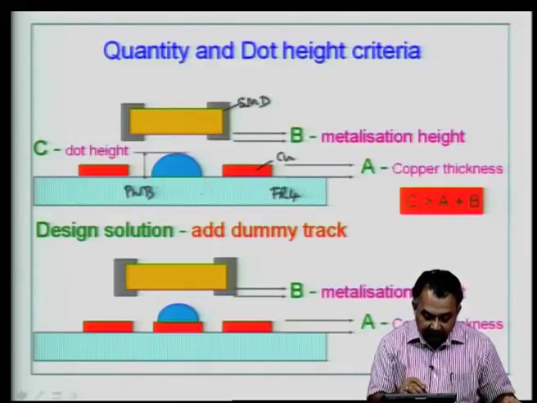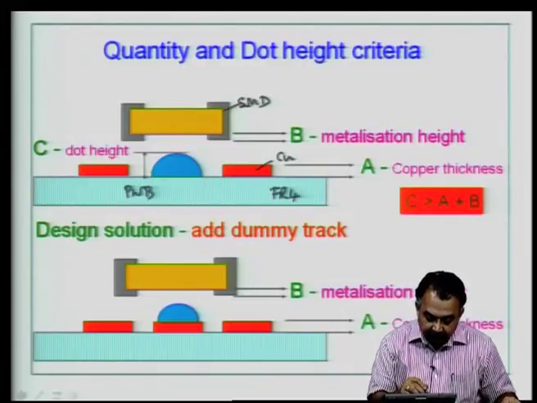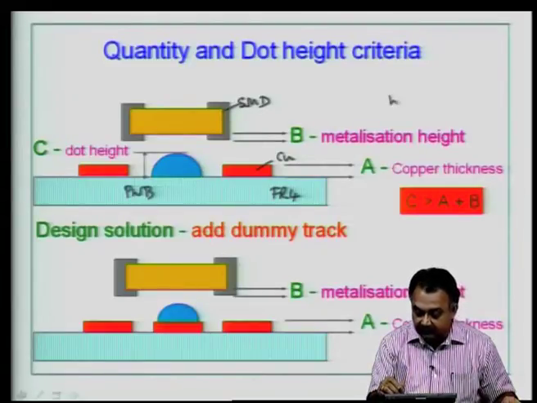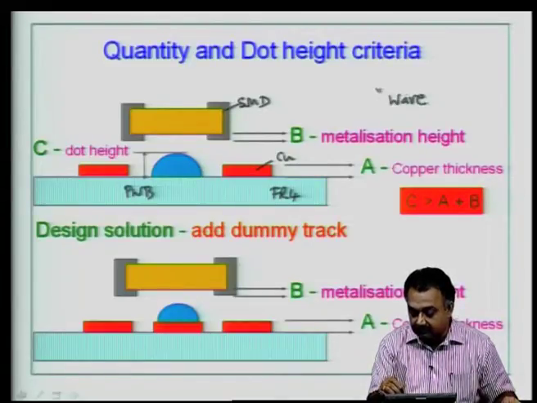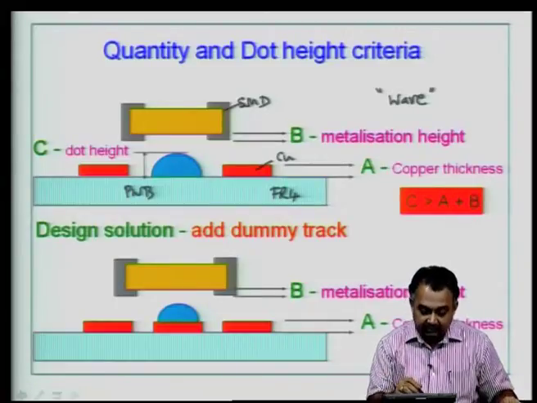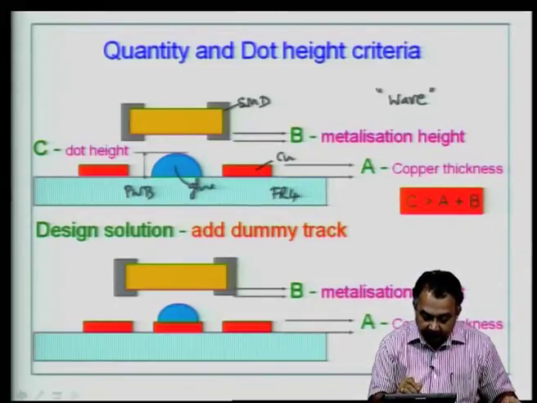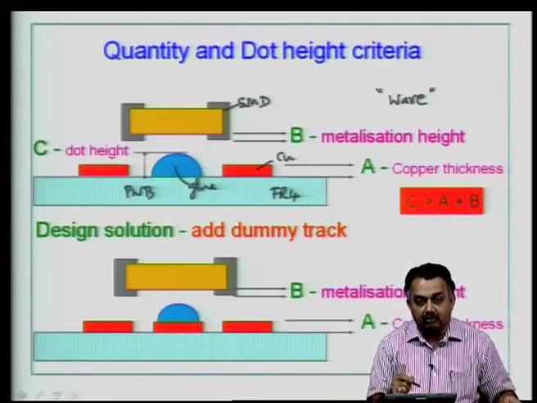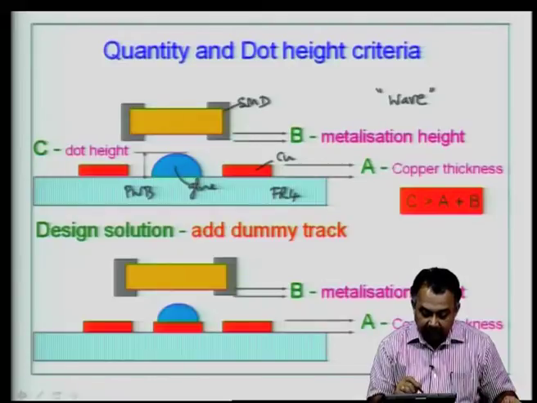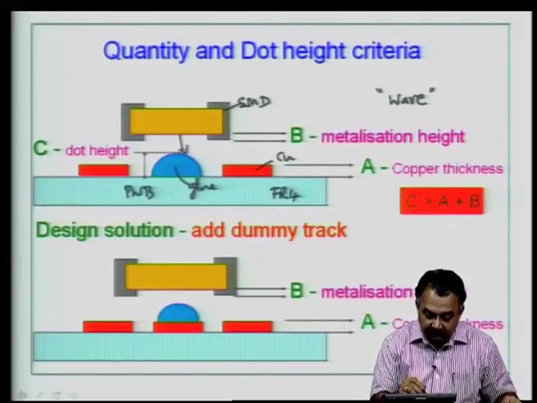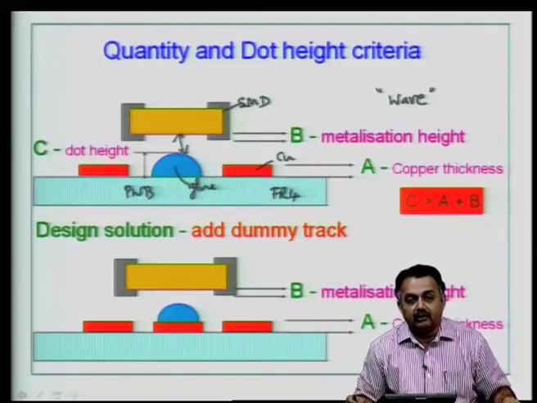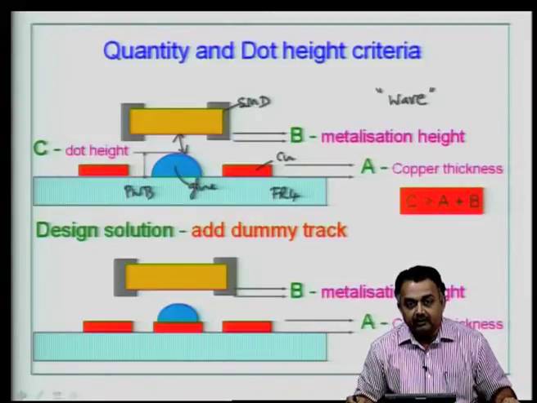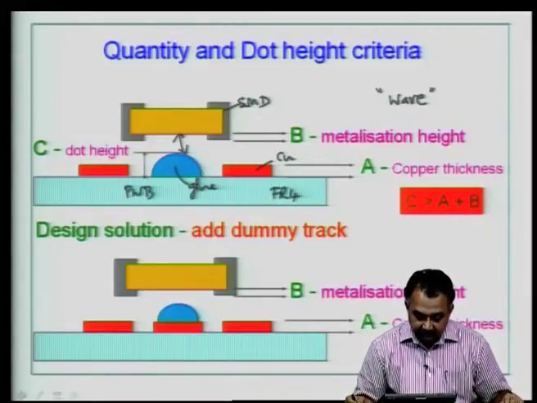Now, you have put some glue here. Okay. This is, let us say, for a wave soldering process. You have dispensed glue here. Now, sometimes there is no control over the quantity of the glue, because the glue has to touch the surface of the surface mount device in order to keep the component in its place.